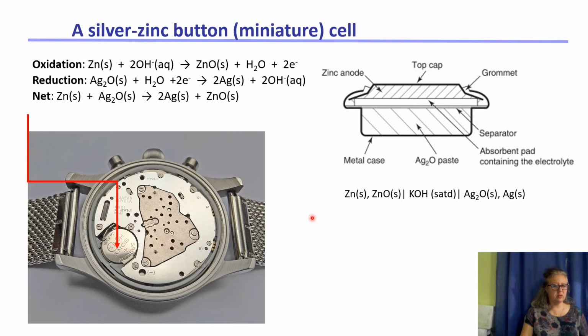As we can see, no solution species is involved in the net reaction, and because of that, the quantity of the electrolyte is very small, and electrodes are close together.